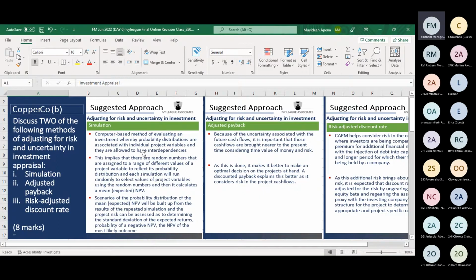But adjusted payback is like you are trying to shorten the period. Because of the uncertainty associated with your future cash flow, you are trying to make sure the cash flows are brought nearer to the present time. Which means you will discount those values, make them smaller, considering the time value of money, considering the risk. And then by the time you do that, what will happen?